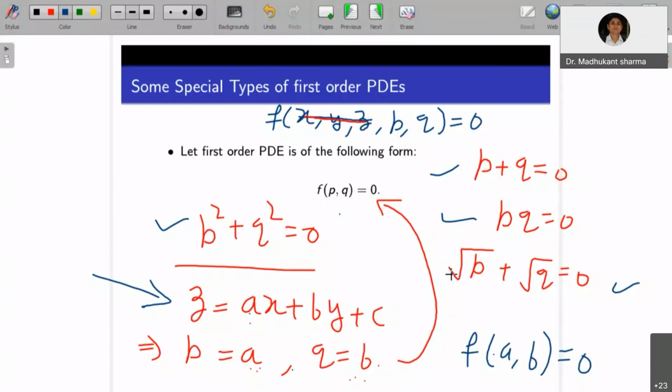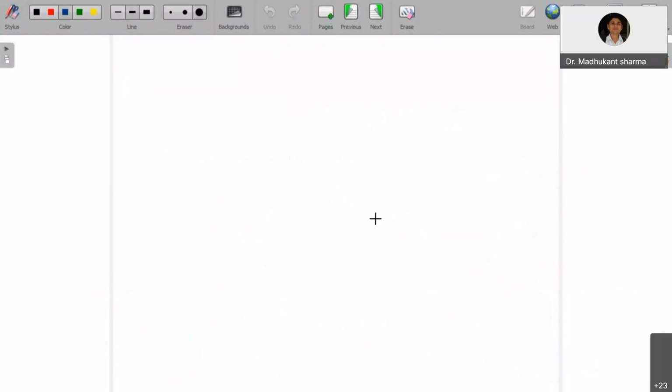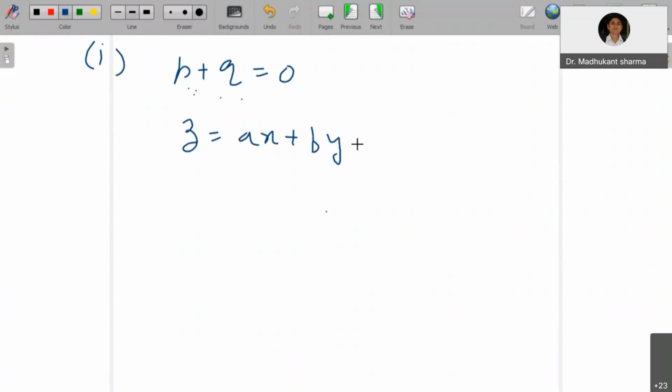So we can solve these three one by one. Let's take this one, p plus q equals 0. It's type 1, since it only involves p and q, with no explicit involvement of x, y, and z. So the general solution will be z equals ax plus by plus c.